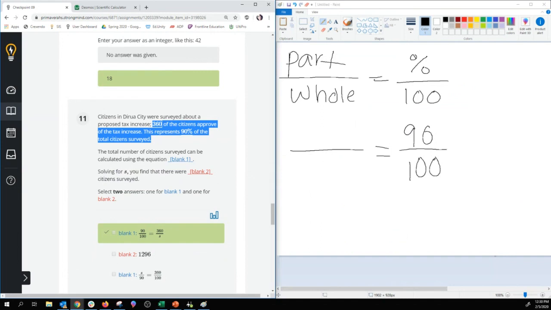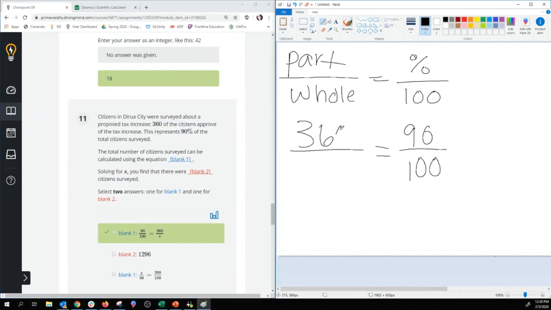So read it carefully. 360 citizens represent 90% of the total citizens. So 90% is not 100, right? 100 would mean everyone. So since it's 360 of this 90%, it's the part. So 360 is going to be my part.